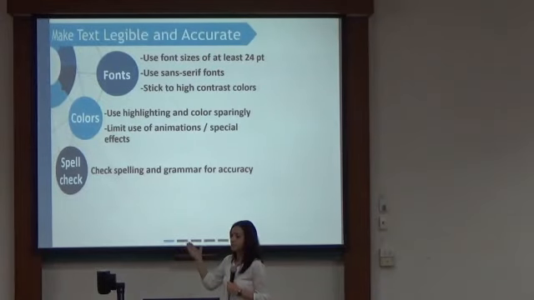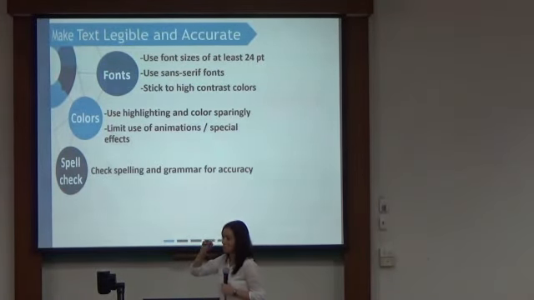And I use animations and transitions in this slide, so you can use animations but not too much, so the audience is not confused about where the words come from, like that. So try to use few animations. And of course, we are not native speakers, so you have to use spell check. Proofreading is important. You have to check whether the grammar and the spelling are accurate.